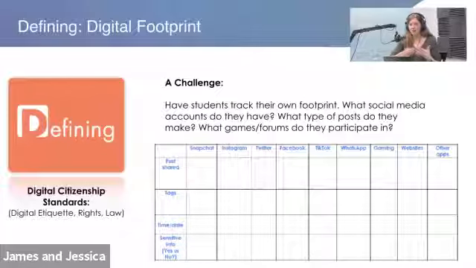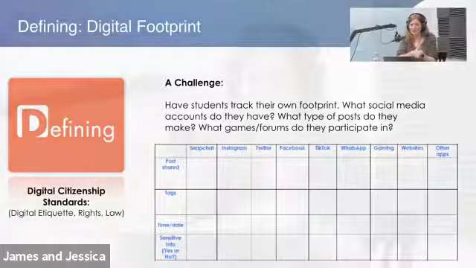Students, you can have them go online and search themselves. When they're under the age of 18, their vital information is a lot more protected. If someone can get their name and hook that to their age or to things they like and dislike, that takes us into a whole other area that can become dangerous.